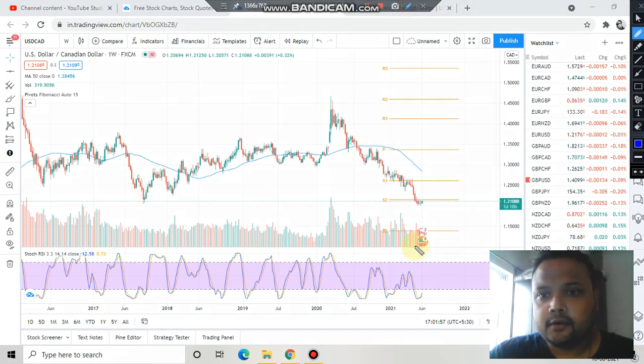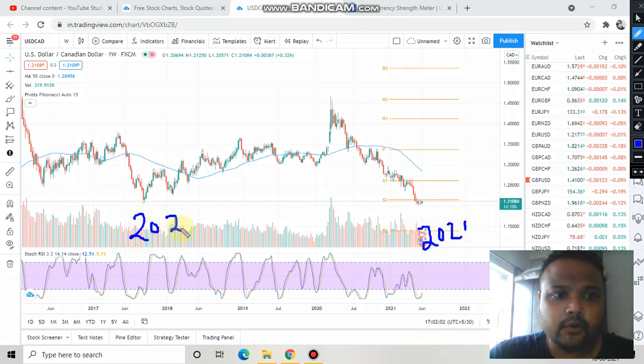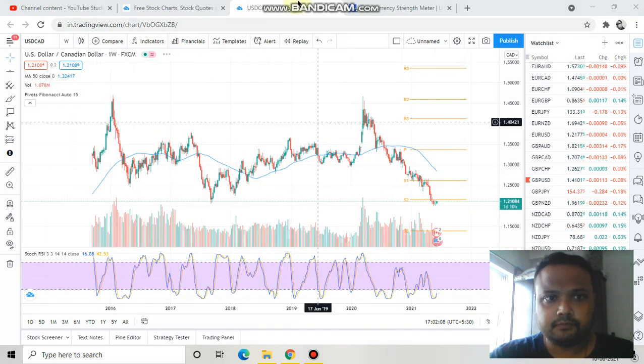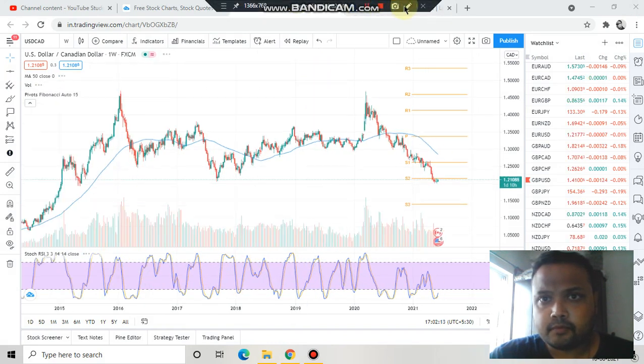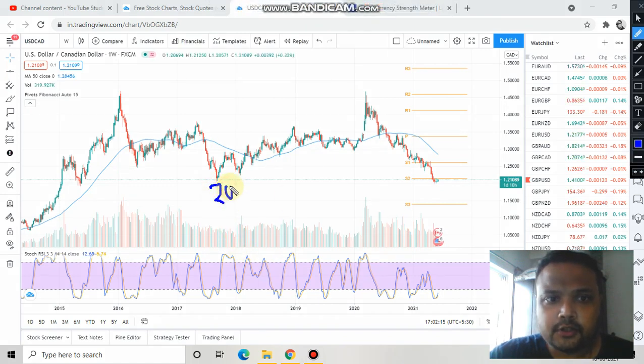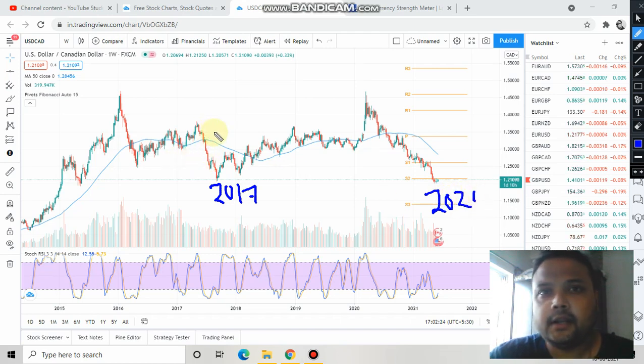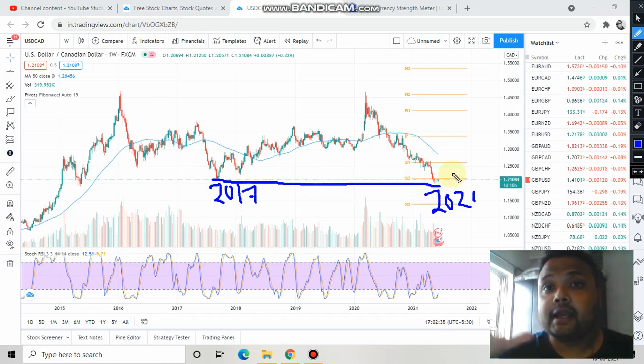Right now we are in the year 2021. When market was falling sharply in the year 2017, market took support at this particular price level, and right now we are standing at the support level only. As a result, market is in a range right now.